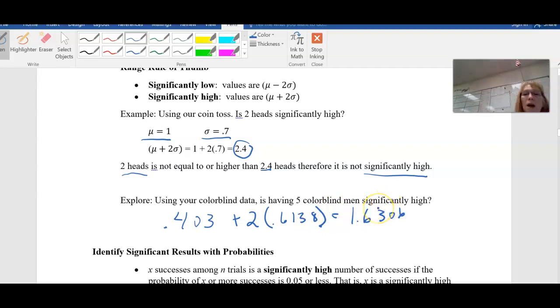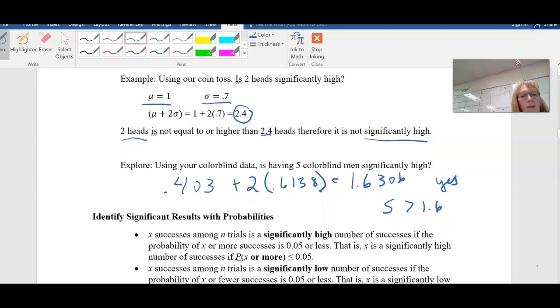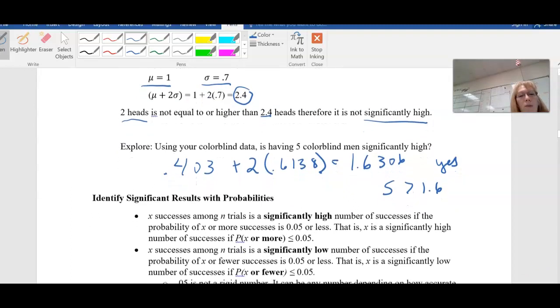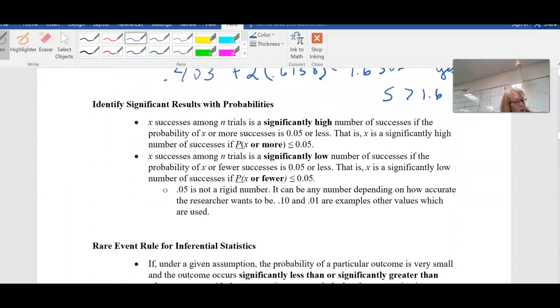So, is having 5 men significantly high? The answer is yes, because 5 is greater than 1.6. So it is significantly high. There we go.